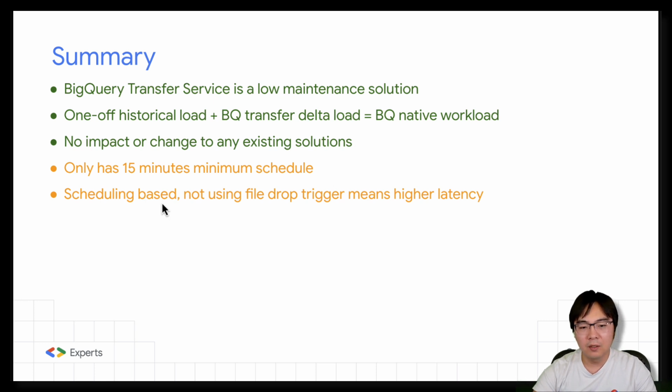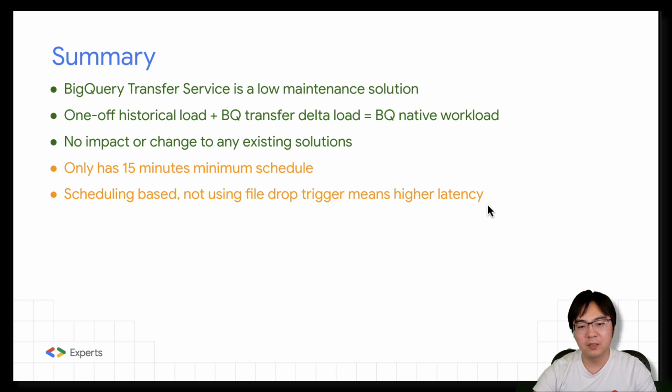So yeah, the other thing is the whole storage transfer solution is scheduling based, right? So it's not based on a file drop trigger. So this means, as I mentioned, it's not just a 15 minutes schedule, but it also runs every 15 minutes, right? It doesn't actually know the file's been dropped in there 15 minutes ago or 1 minute after the last checkpoint.